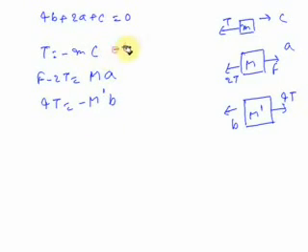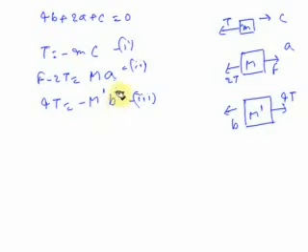So these are the three equations. From equation 1 the value of c will be t by minus m. Similarly from equation 2 the value of a will be F minus 2t by capital M, and from equation 3 the value of b would be 4t by minus m dash.